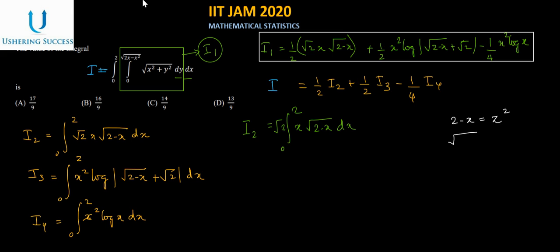So therefore root over 2 minus x will be z, and minus dx will be equal to 2z dz. So dx is minus 2z dz, and x will be equal to 2 minus z square.